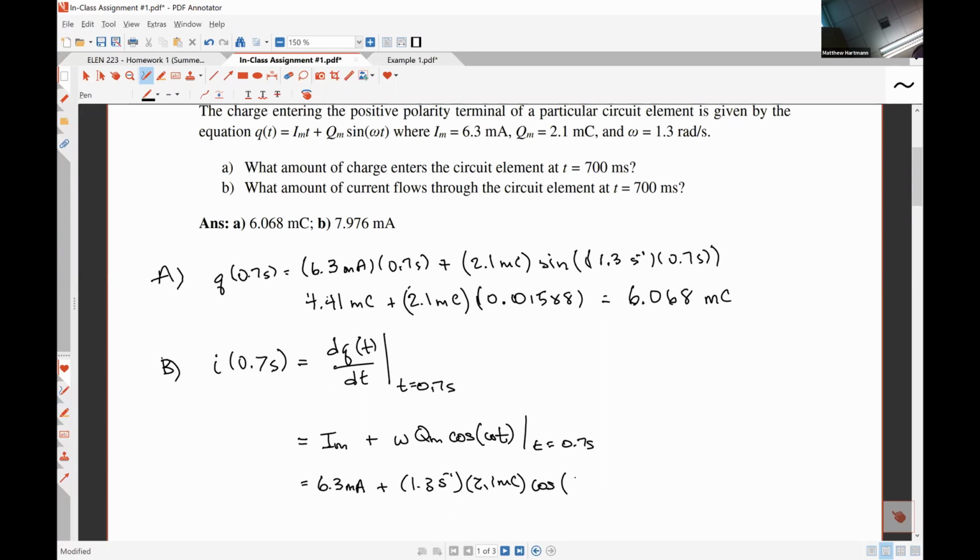Cosine of 1.3 per second times 0.7 seconds.